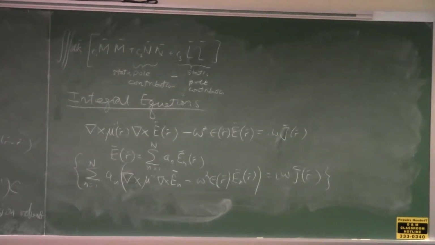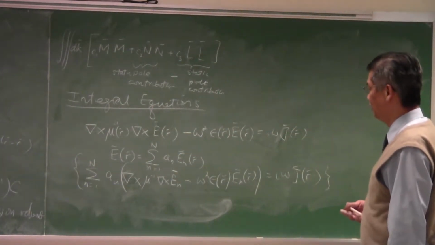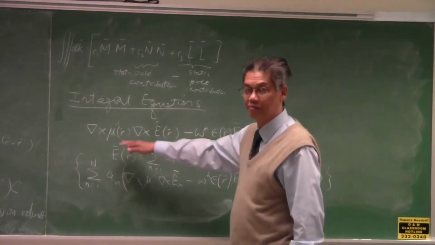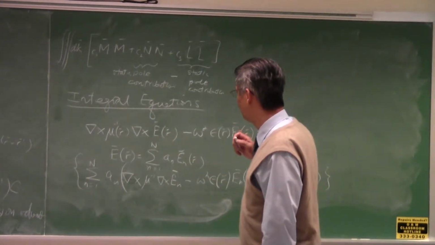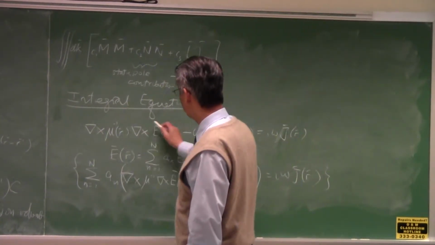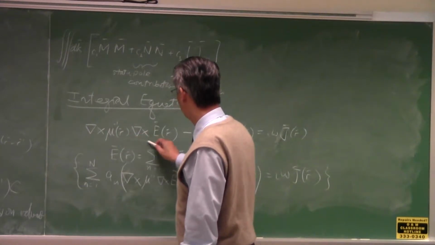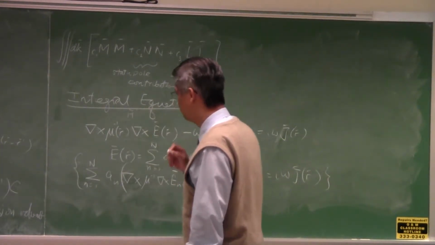We test it. Okay, we test it, and then we should test it with functions that we say is in the dual space of these operations. Okay, and you can identify the dual space quite easily because this part here is magnetic field. So this part is proportional to H field.